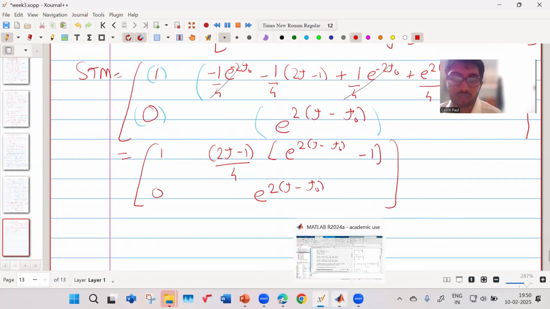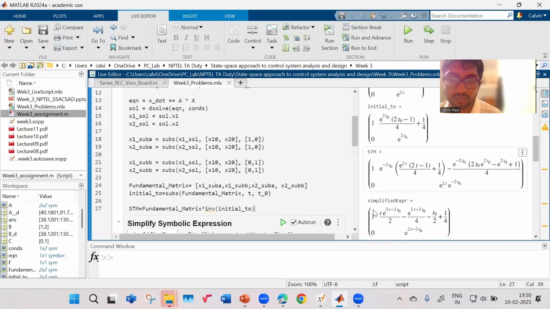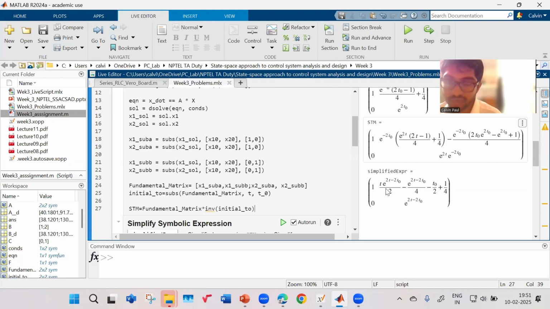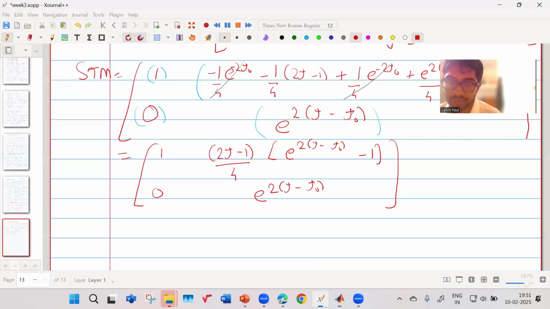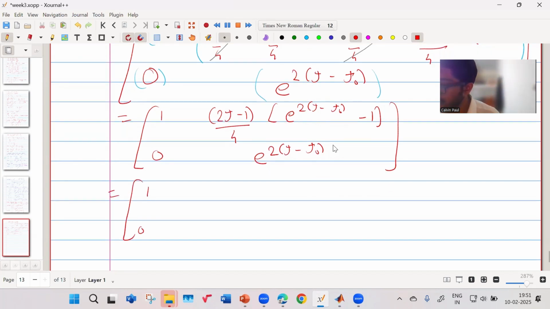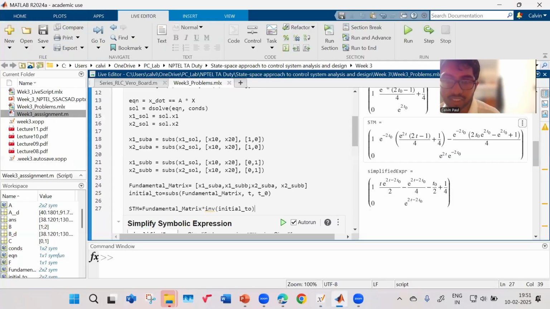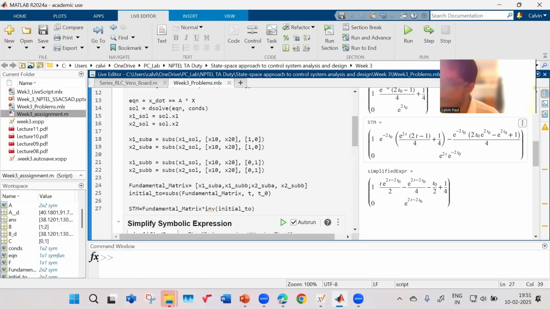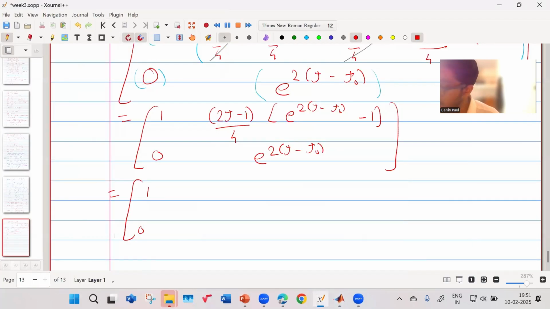And if you look over here, this is the expression we got, right? So let me write it in the form of the simplified expression, step by step. 1, 0, and this we got as t by 2 e to power 2 t minus t0.